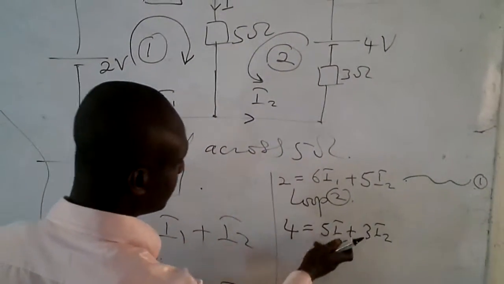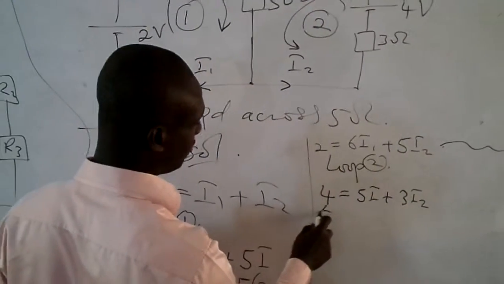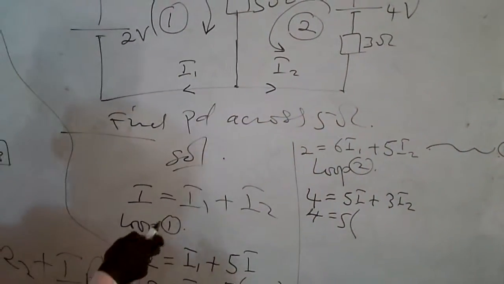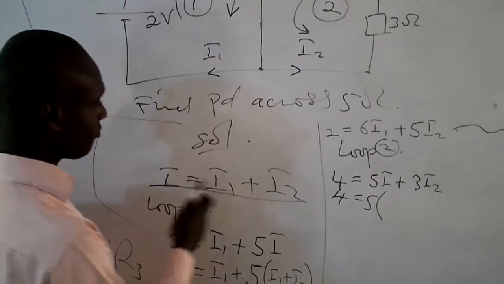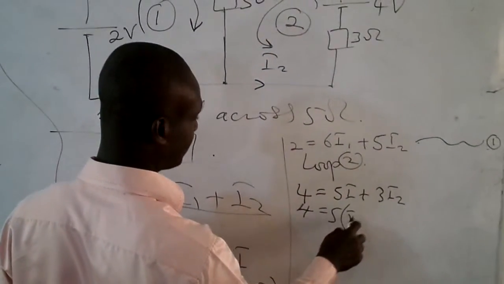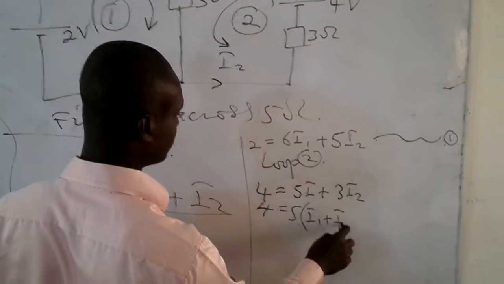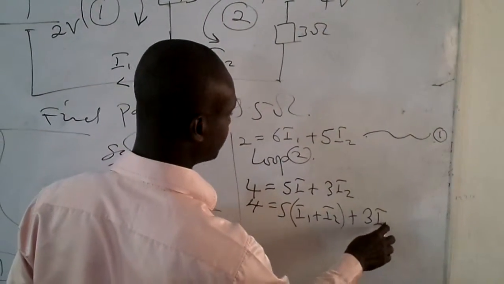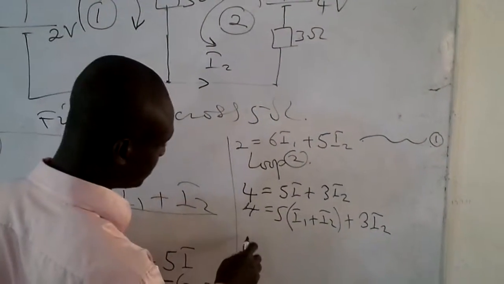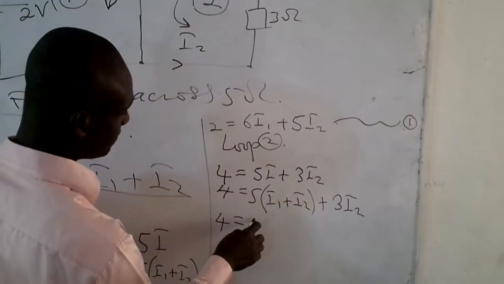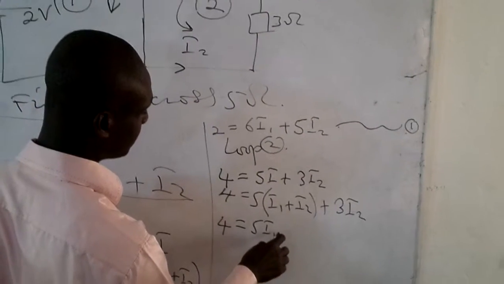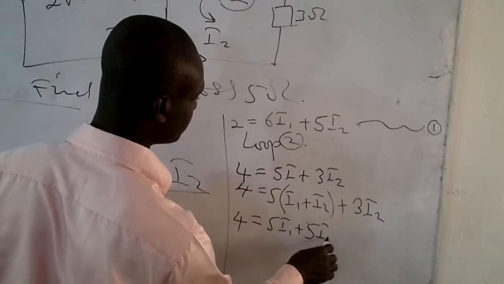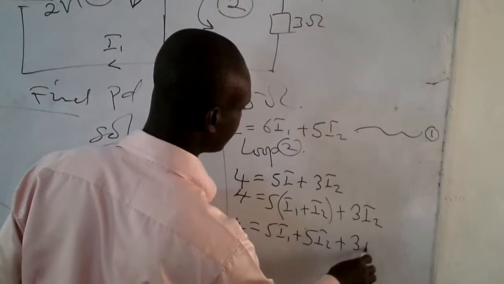The same thing, 4 will be equal to 5I. From Kirchhoff's first law here, I will put I1 plus I2 plus 3I2. If I simplify this equation very well, then I have 4 equals 5I1 plus 5I2 plus 3I2.